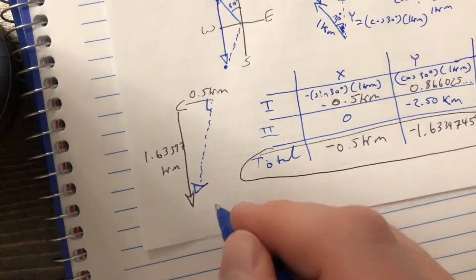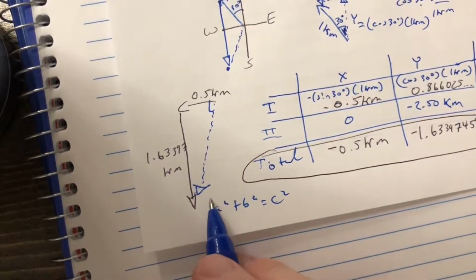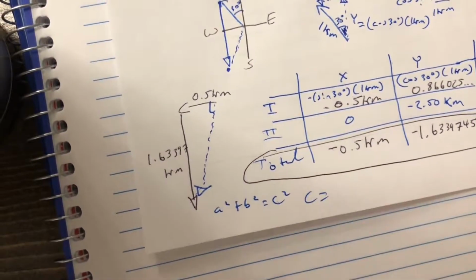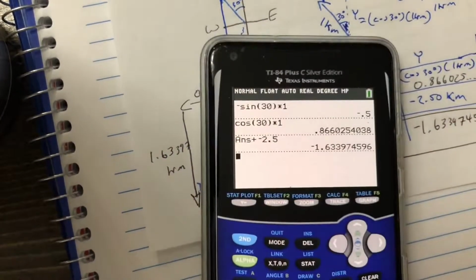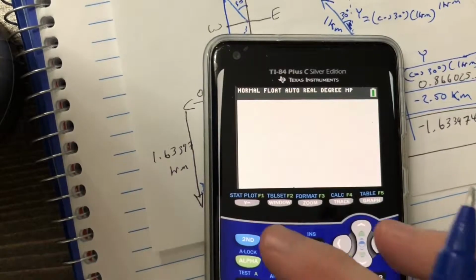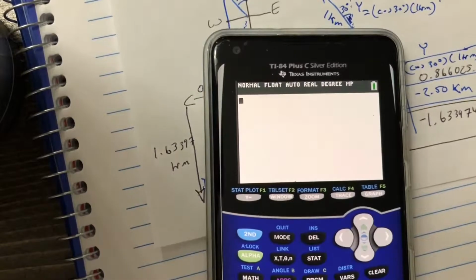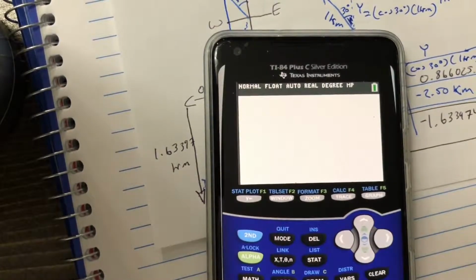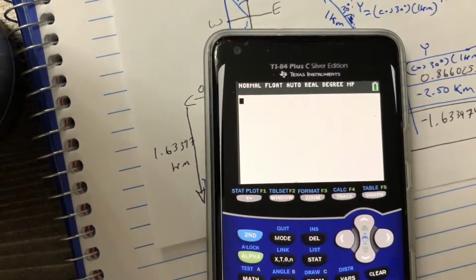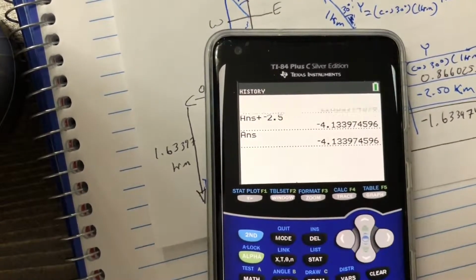So I can do a squared plus b squared equals c squared like we did before, and I can figure out that my longest side is going to be the square root. So I've got, there we go.